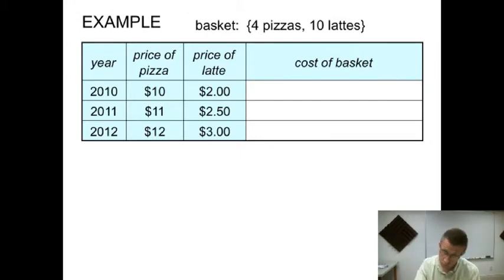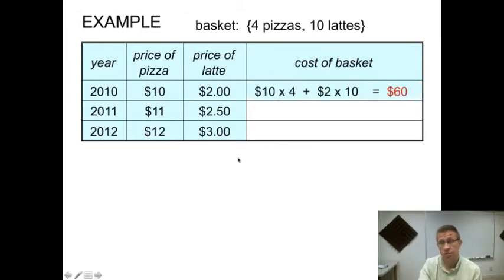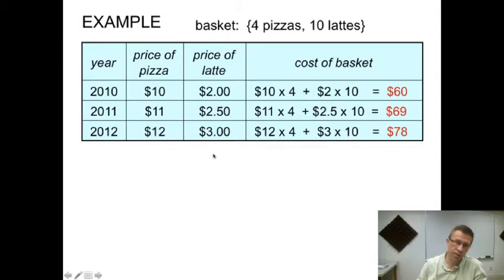Okay, I hope you paused, went through, attempted the problem. So what's the cost of the basket? Well, 2010, 4 pizzas at $10, $40, 10 lattes at $2, $20, $60. 2011, pizzas 11 times 4, $44, 10 times $2.50, $25, $69 for the cost in 2011. 2012, 4 pizzas times $12, $48, 10 lattes times 3, that'll be another $30, so we're looking at $78 for the basket.